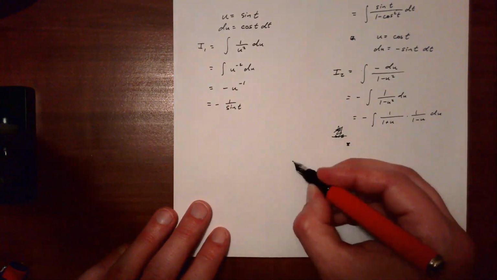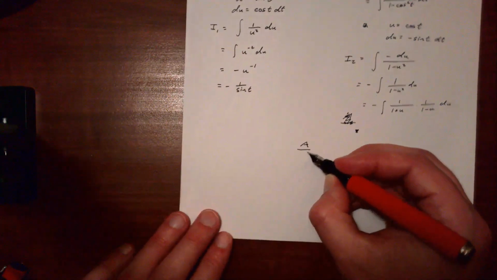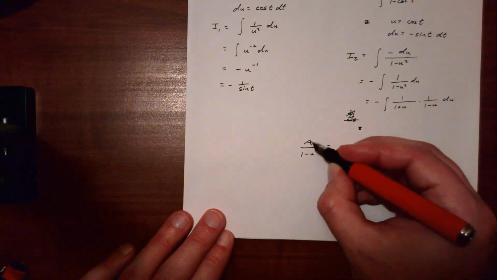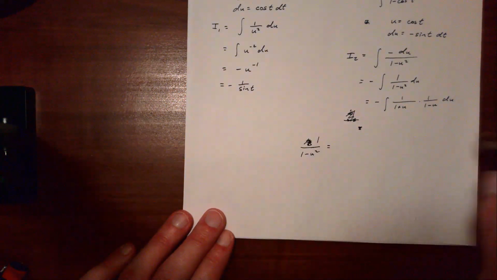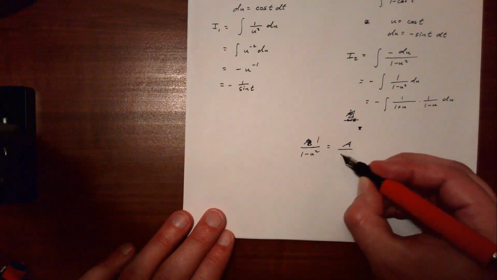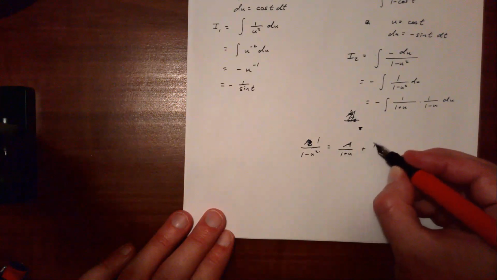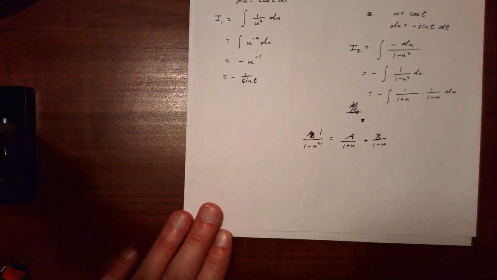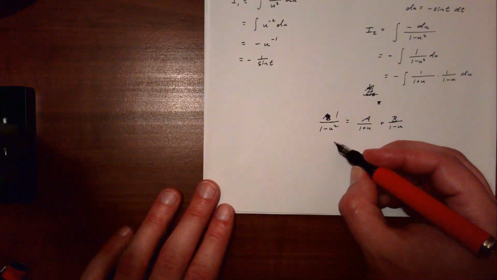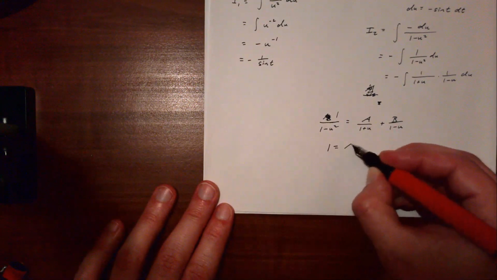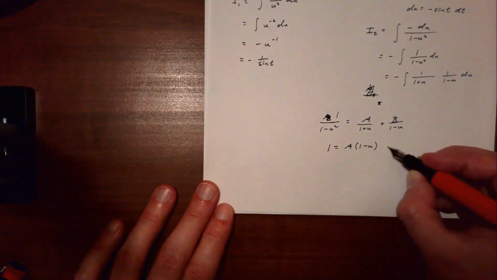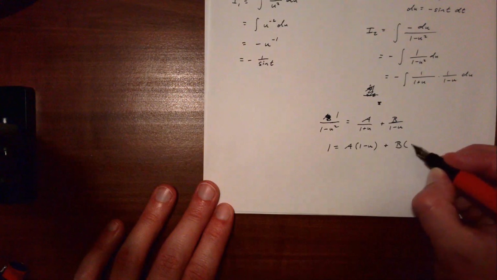So I can say 1 over 1 minus u squared is equal to a over 1 plus u plus b over 1 minus u. Then if I multiply everything through by the common denominator, that's going to give me just 1 equals a times 1 minus u plus b times 1 plus u.